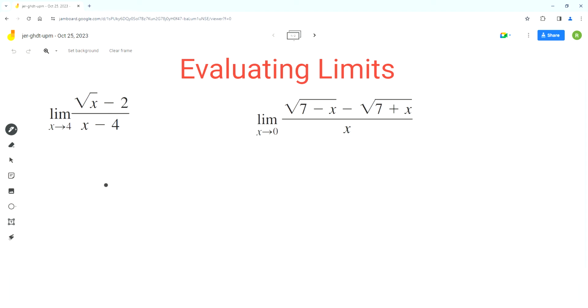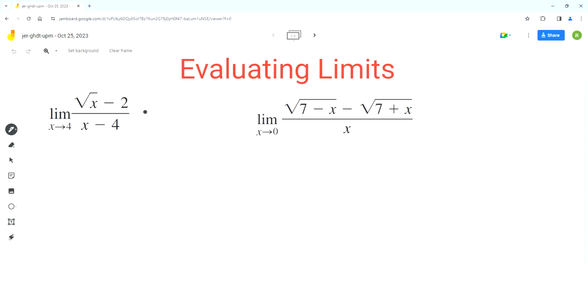So we have to figure out a way to get rid of this x minus 4 in the denominator. For that, we'll have to use the conjugate method. In the numerator, we have a square root term in the expression, so we can rationalize the square root term by multiplying the numerator and the denominator by the conjugate of the numerator expression.